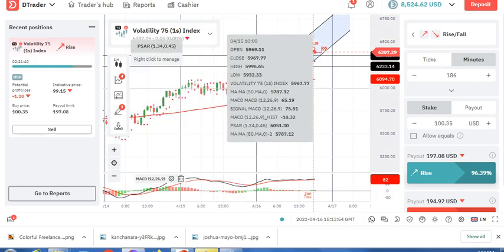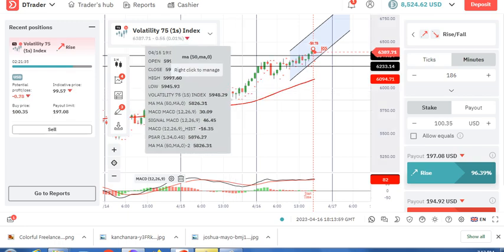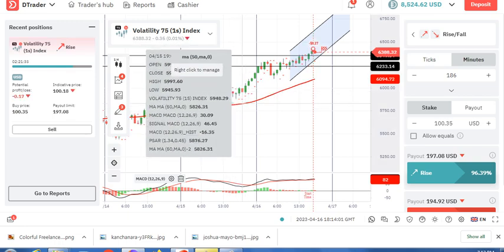Likewise, what happened here, you discover that this market was moving down, but the candle has not crossed this moving average.